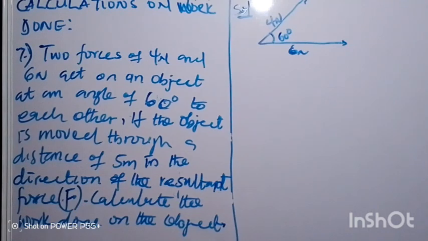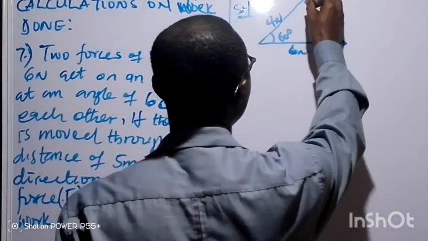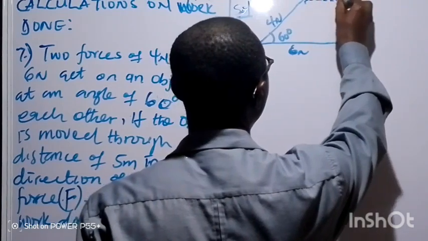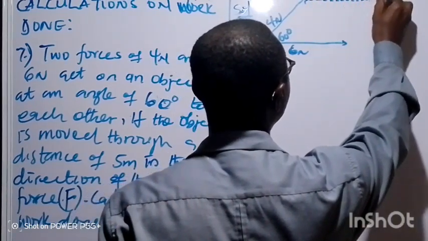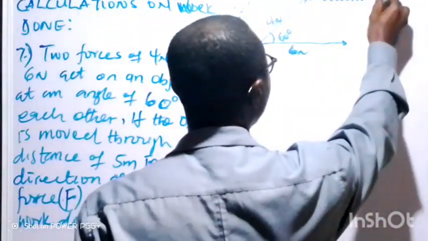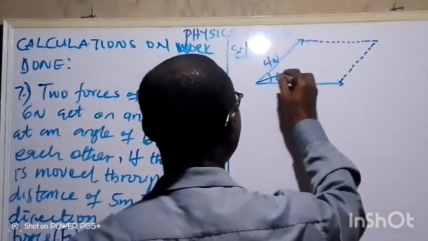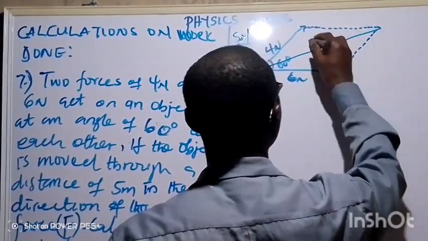Now, their resultant force we will draw making use of the parallelogram law of vectors or forces. So, I now draw it like this. This is the resultant force, F.